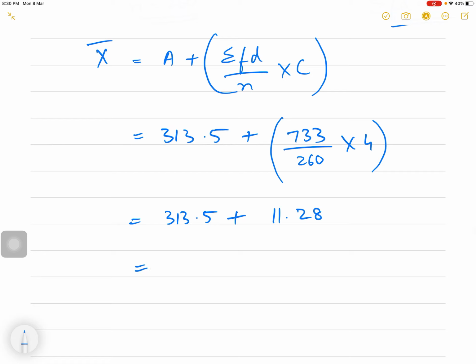So when you total this, 313.5 plus 11.28, you get 324.78. Okay.